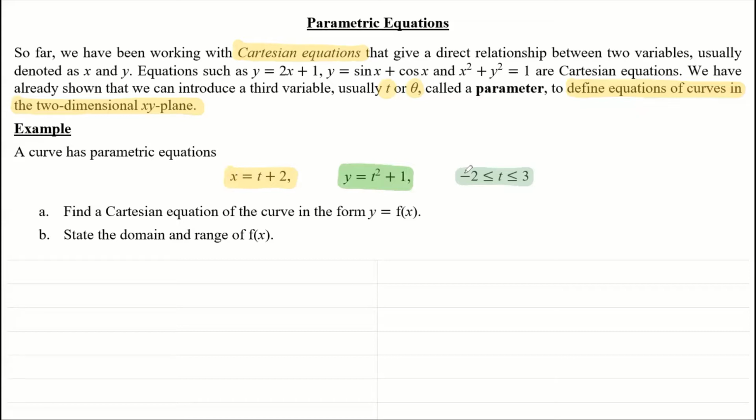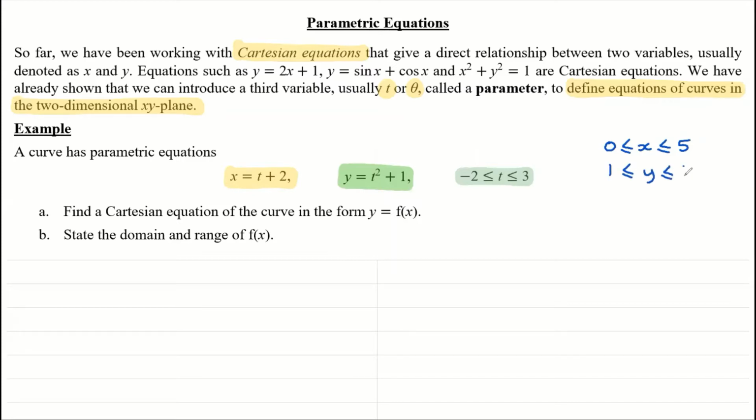What I just want to remind you of is from the warm-up, we also discovered 2 more pieces of information. We got that t was bounded between -2 and 3, but that was based on the fact that we already knew that x was between 0 and 5, and we also discovered that the range of values of y was between 1 and 10.